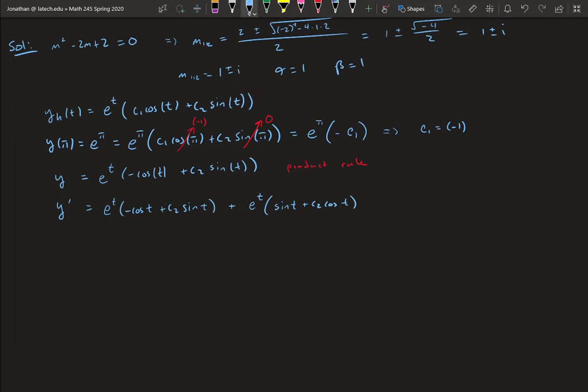And what is y prime of pi? Y prime of pi is supposed to be 0. It's going to be 0: e to the pi times negative cosine of pi plus C2 sine of pi, plus e to the pi times sine of pi plus C2 cosine of pi.